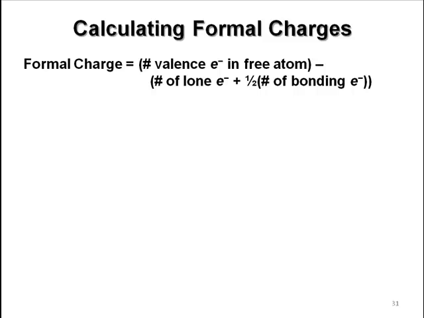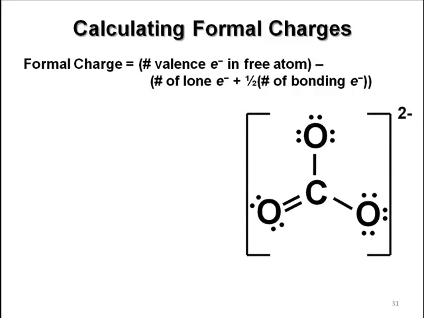So to calculate the formal charge, here we have a carbonate ion that we made before. So the number of valence electrons in the free atom. If we look at oxygen, how many valence electrons does oxygen have on the periodic table? 6. That's the free one.